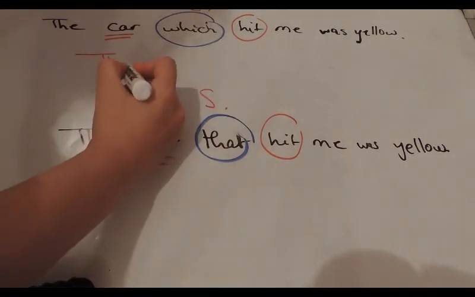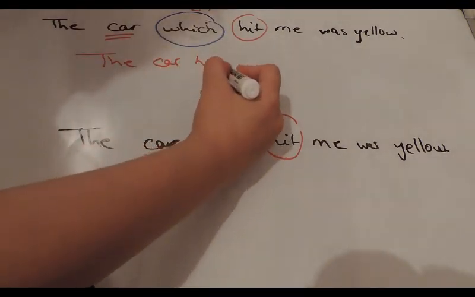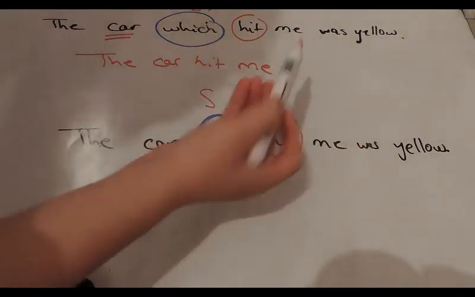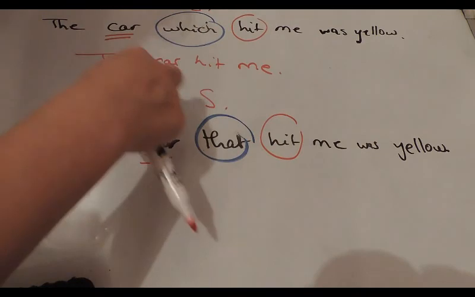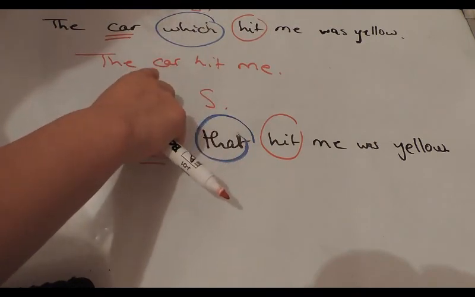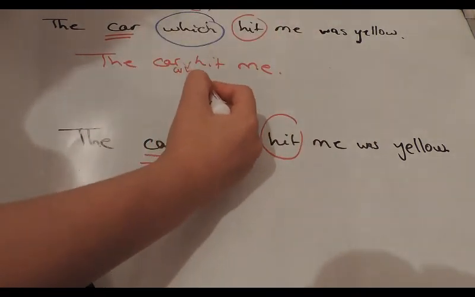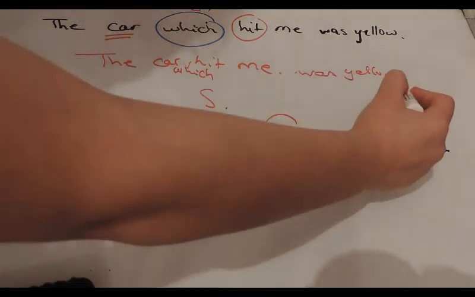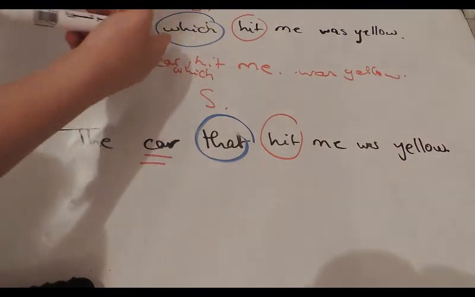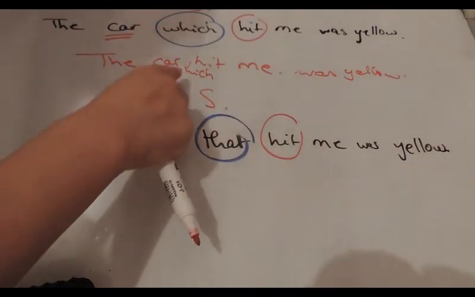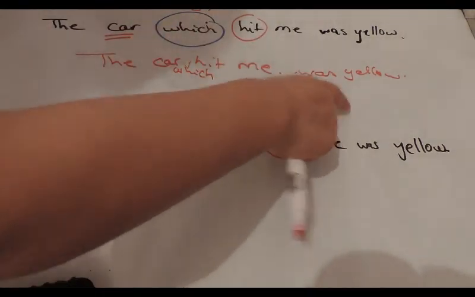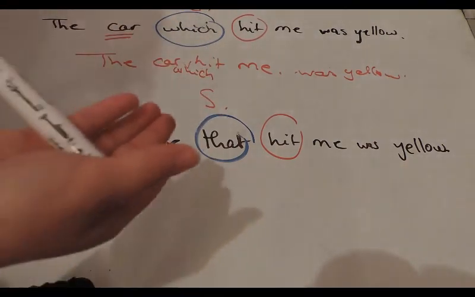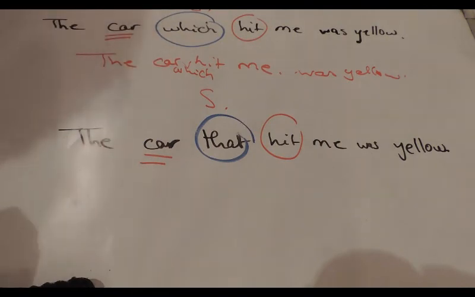If I say the car hit me, then if I want to use which to relate car, to put here which and was yellow right here, just like the main sentence, then I am just relating that this car was yellow. So it is just exactly the same thing. It is still subjective case. So which here is subject.